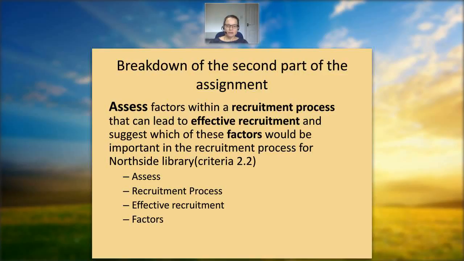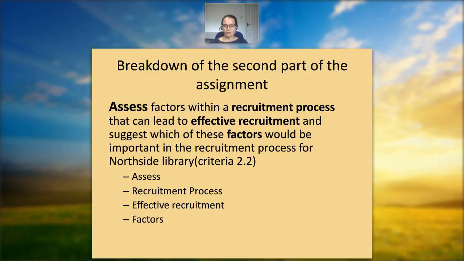So it's wanting you to look at some of the factors that go to make up an effective, successful recruitment process. But it's then wanting you to specifically think about Northside and go, what might be the most important factors for Northside to get right in that process?